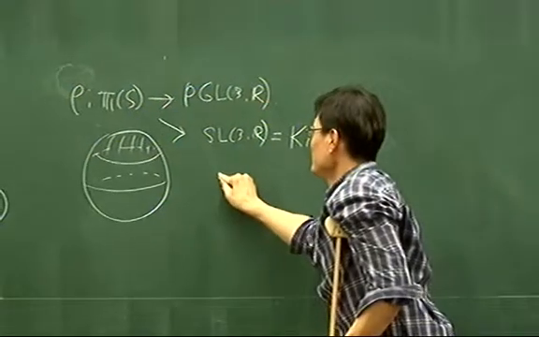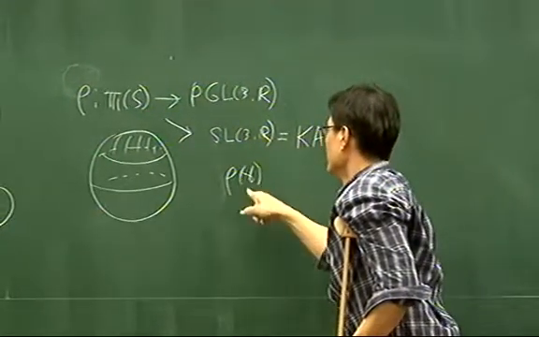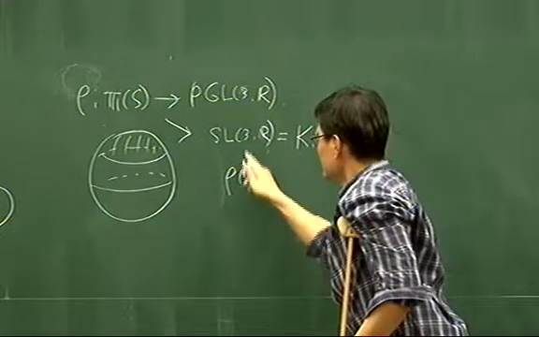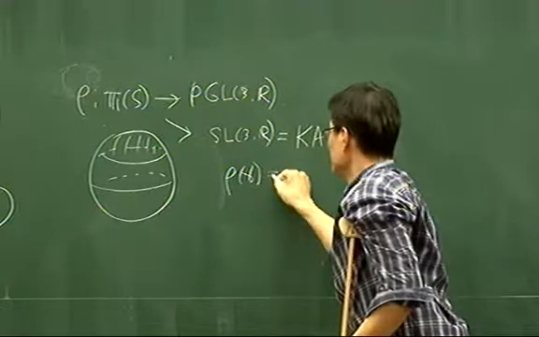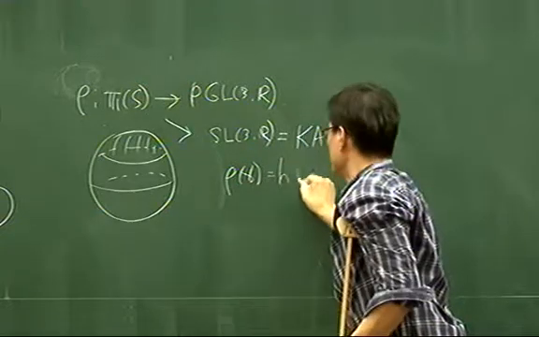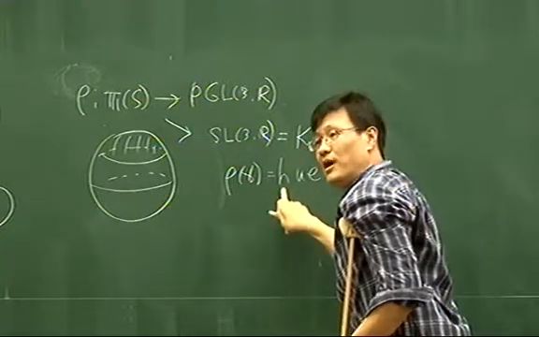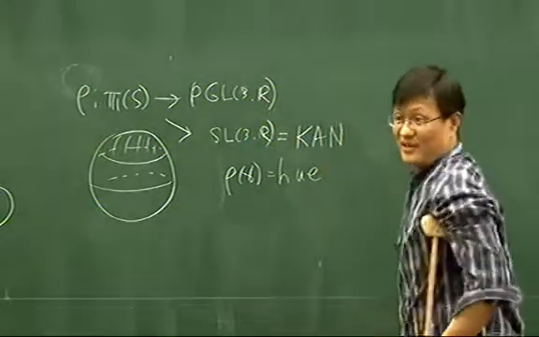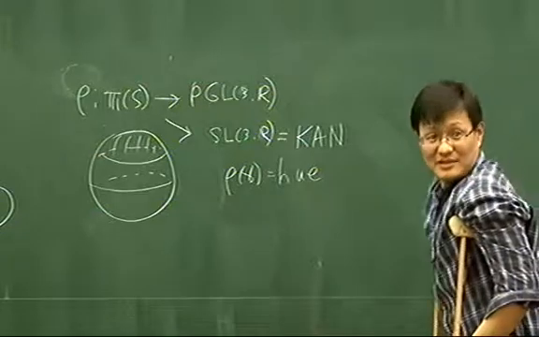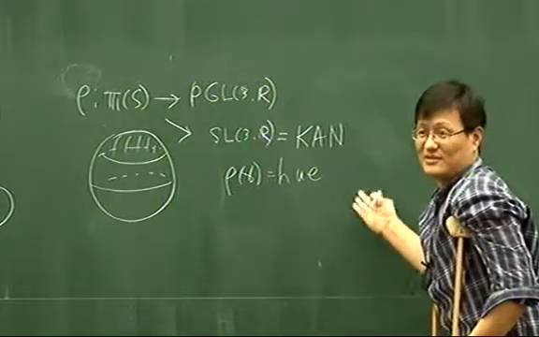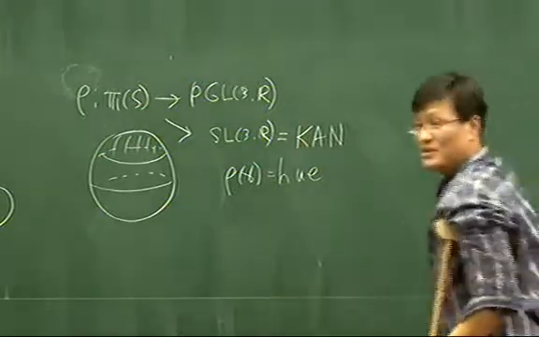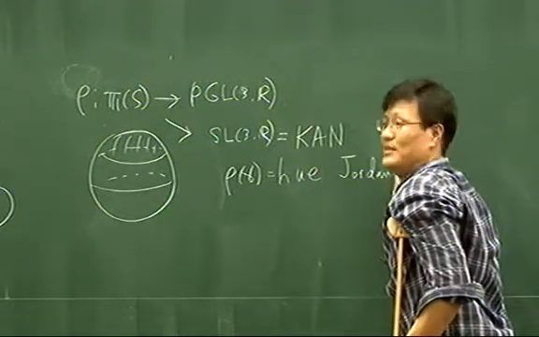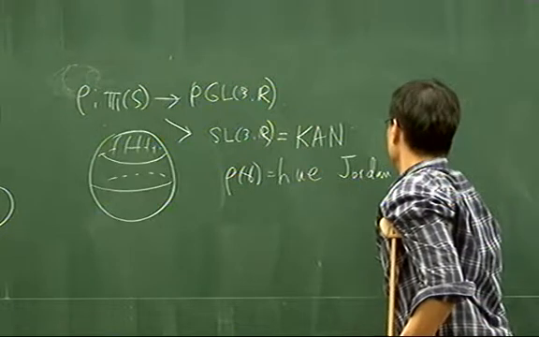Or using linear algebra, the image of some element gamma, this is in SL3R, you can always decompose into a hyperbolic part, a unipotent part, and an elliptic part. Okay? The matrix has this decomposition. It's a Jordan decomposition. I hope you learned this in linear algebra.